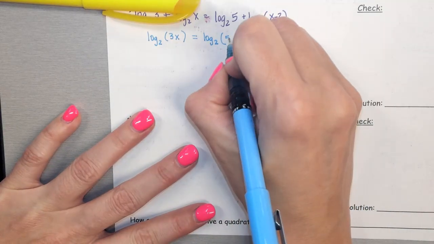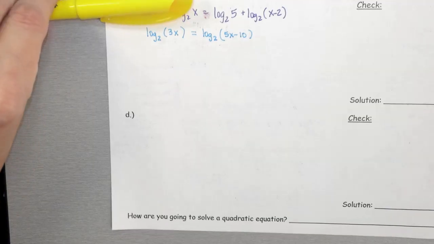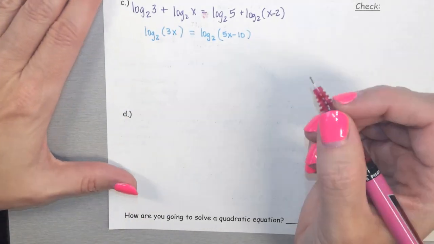Distribute. So you'd have 5x minus 10. Okay, now, if the log bases are the same, do you guys remember what you can do? If the log bases are the same, then the values of each of them are equal. They have to be the same on both sides, though. Okay?